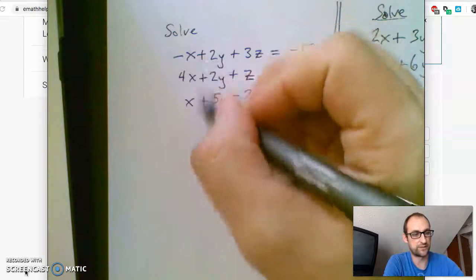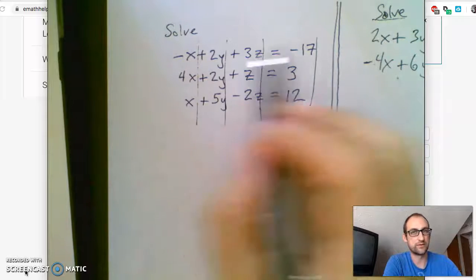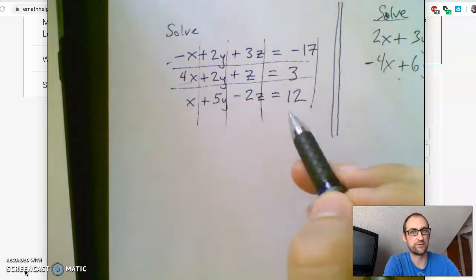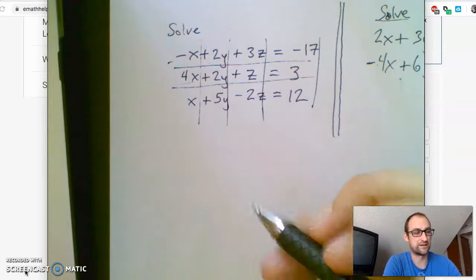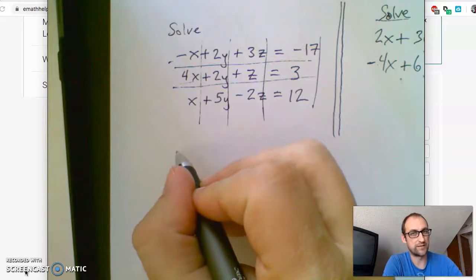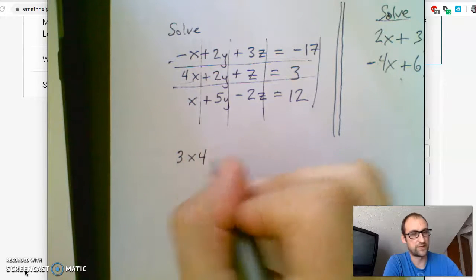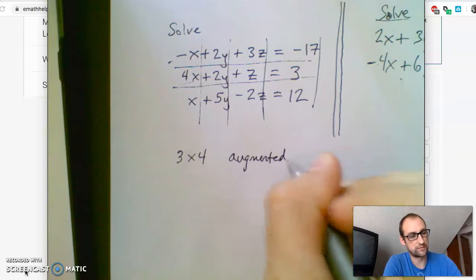See how I have my columns going down like that? And I have my rows going across, and there's 1, 2, 3 of them. You can kind of see a matrix here. You don't even have to look that hard. So I am going to make a matrix that is 3 by 4, and it's called an augmented matrix.